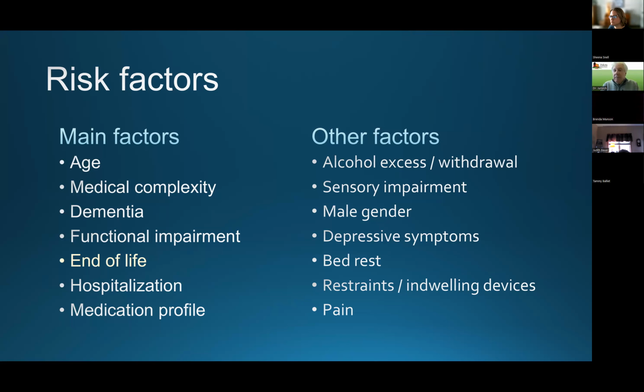End of life, up to, I believe, 85% or more of people who are in their final stage of life will experience delirium. And of course, hospitalization and unsafe medications can be a risk factor for delirium.